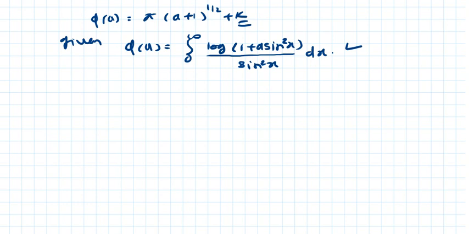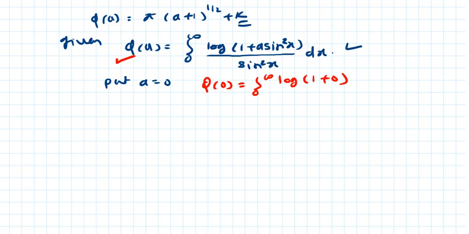If I put a equal to 0 in this equation, then what will happen? The LHS will be phi of 0 and this will be integration 0 to infinity log of 1 plus 0 upon sin square x dx, and ultimately this will be equal to 0. So we get the value for phi of 0 is equal to 0.